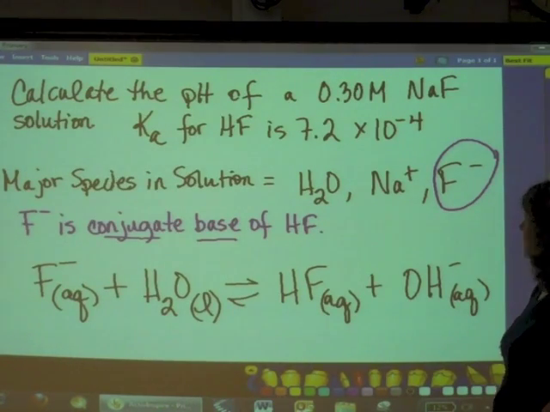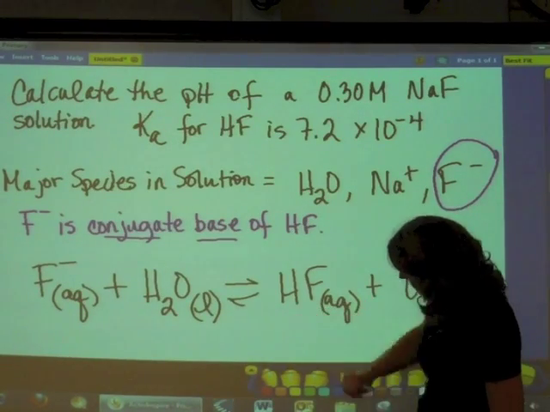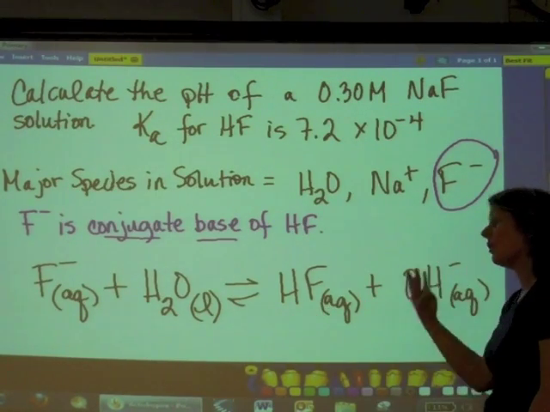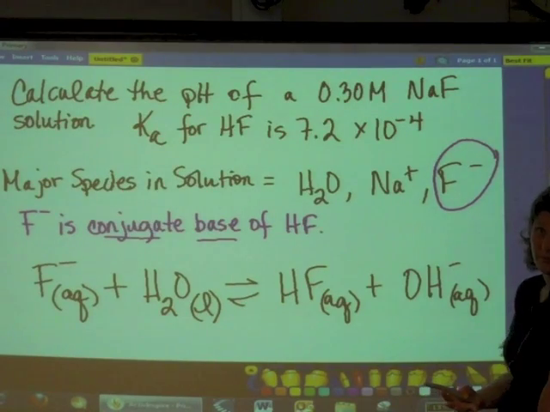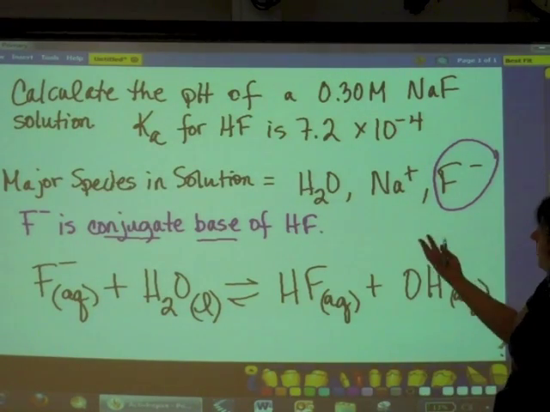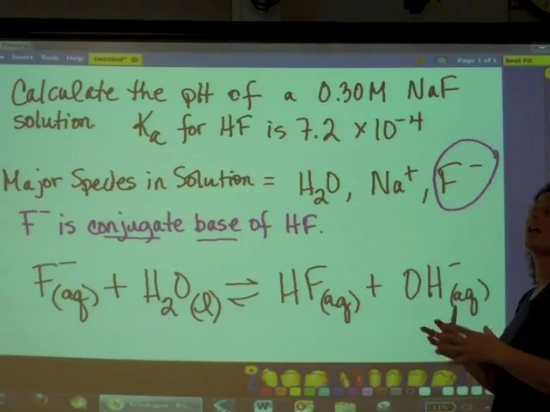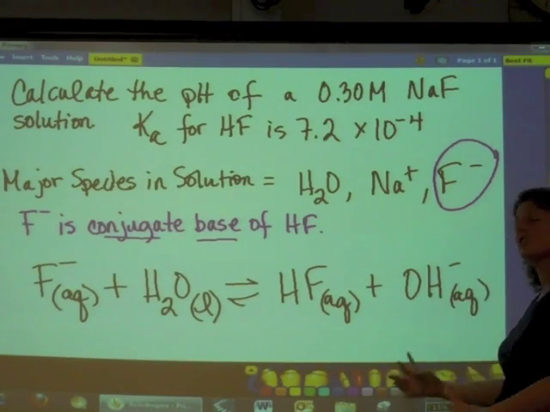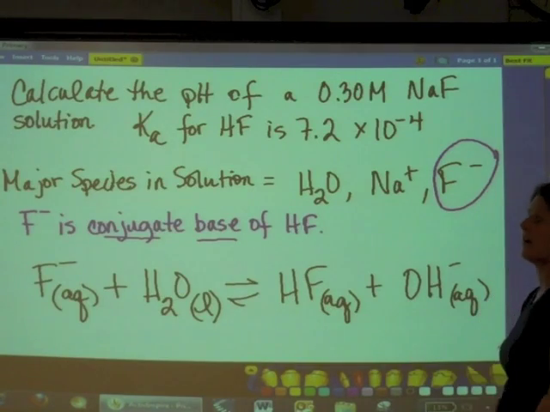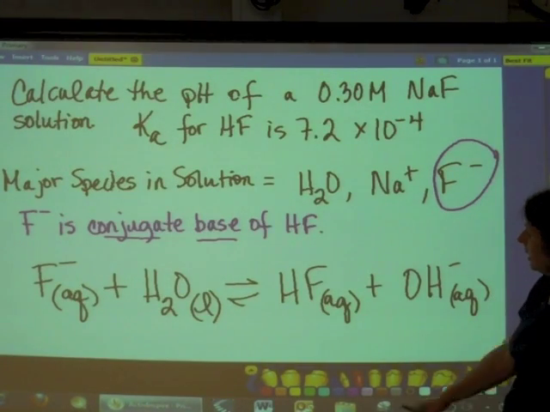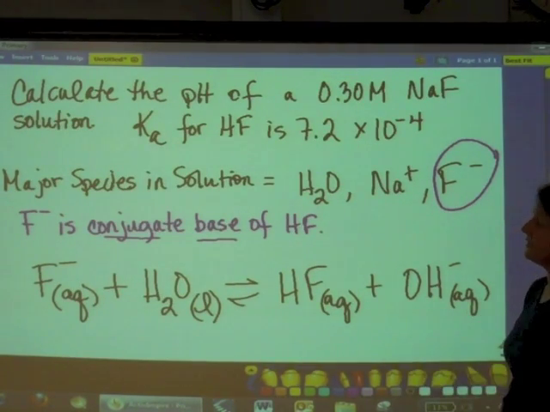Okay, so first of all we figure out what it is that's going to affect the pH, and then we write the reaction for how it's going to affect pH. If it was the opposite, you guys, if this was ammonium, it would be a conjugate acid dissociation giving off hydrogen ion in solution. Okay, so here it is.